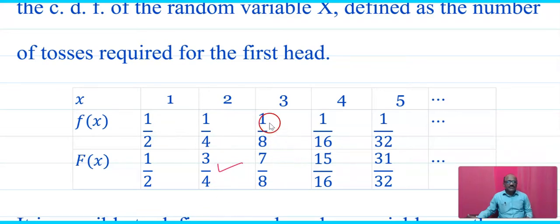Next, this 1 by 8 plus 3 by 4, you will get 7 by 8. Again next, 1 by 16 plus 7 by 8, you will get 15 by 16, and last is 1 upon 32 plus 15 upon 16, and then you will get 31 upon 32, and in this way you can construct this table.